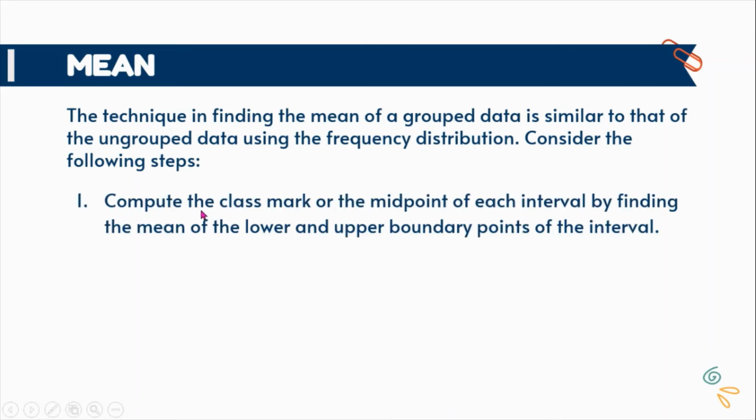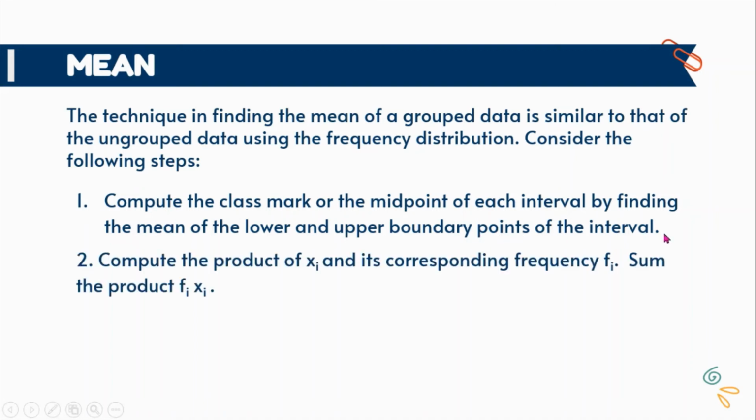Number 1, compute the class mark or the midpoint of each interval by finding the mean of the lower and upper boundary points of the interval. Next, compute the product of x sub i and its corresponding frequency f sub i, and sum the product of f sub i x sub i.